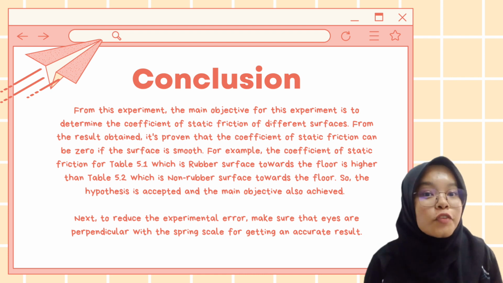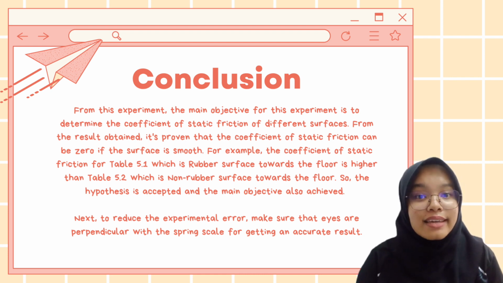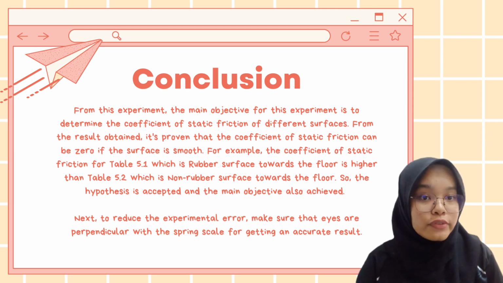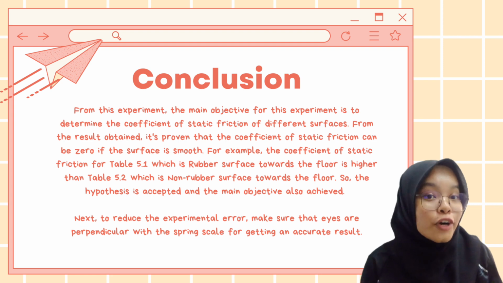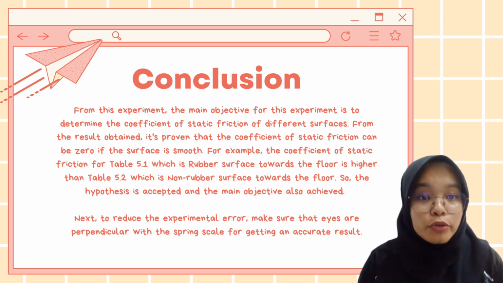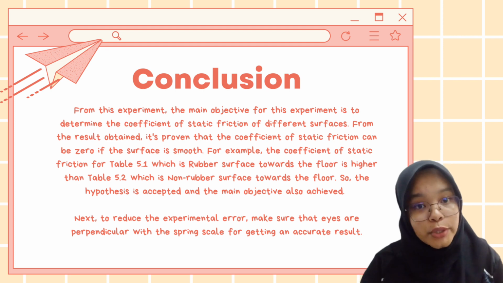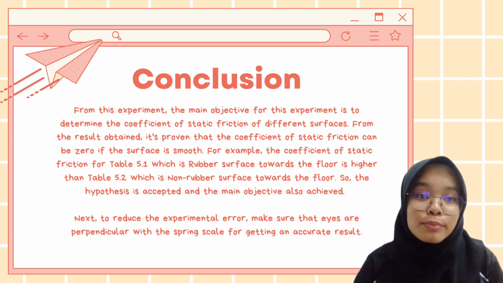Conclusion. The main objective of this experiment is to determine the coefficient of static friction of different surfaces. From the result obtained, it's proven that the coefficient of static friction can be zero if the surface is smooth.